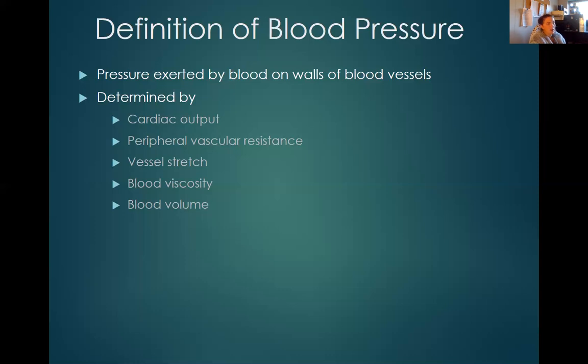This doesn't count fluid that's in that extracellular or interstitial space. We're only evaluating that intravascular blood volume that is within the vessels, because those external factors are not necessarily impacting the pressure exerted on the inside of the wall. So we need to look at the actual blood volume.